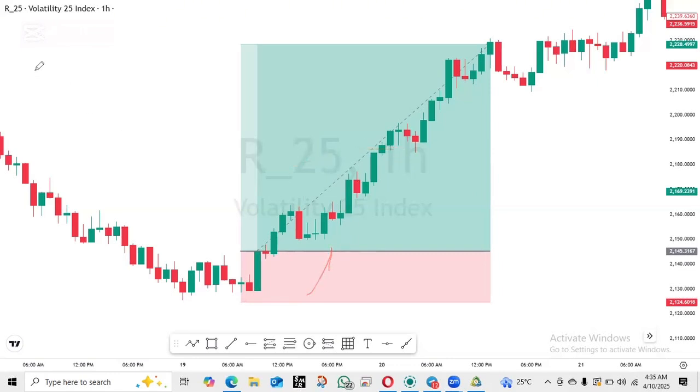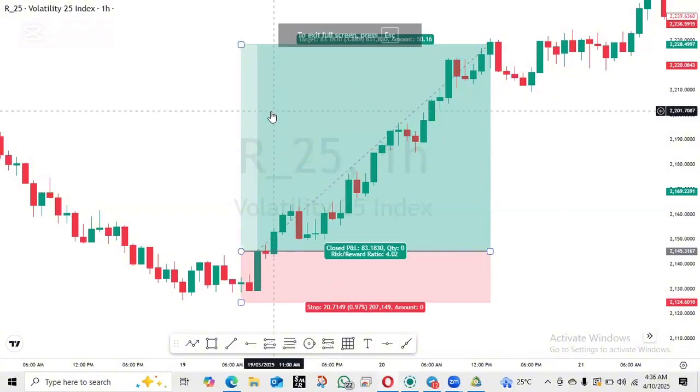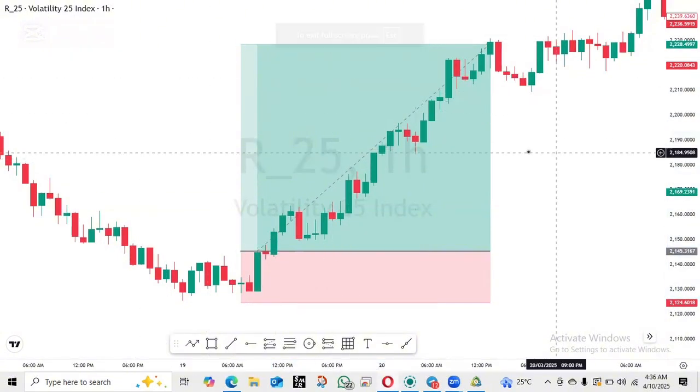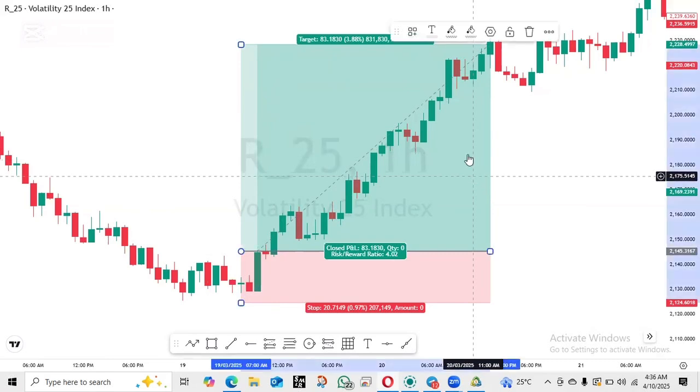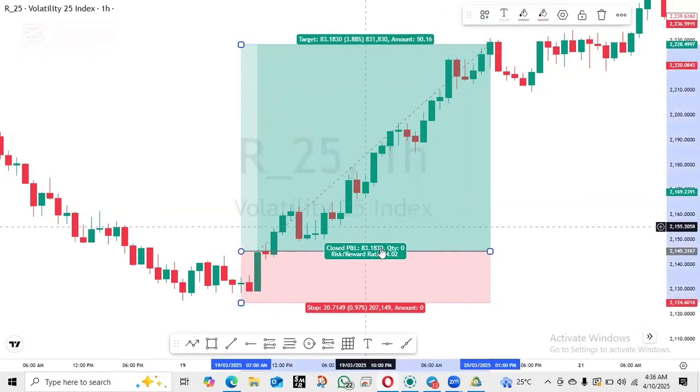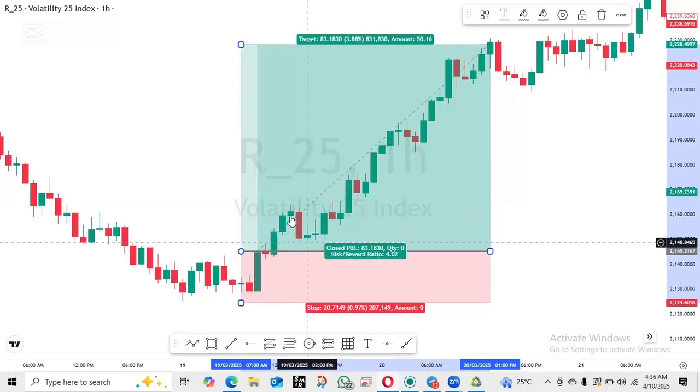Now look at it here, you can target more. What target do we have here? This is about a 1:4 risk reward ratio. This is a 4.02 risk reward ratio, so you're targeting 4 times on risk. That is not ideal.